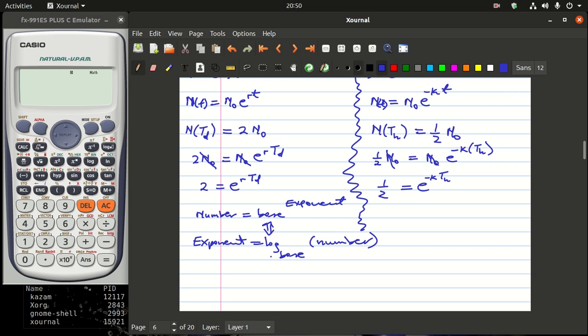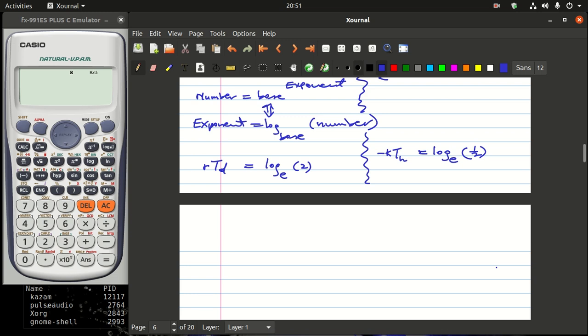Now I want to write it in a logarithmic form. So I'm going to take this exponent down, so I will end up having r times t_d is equal to log, the base is e and the number is 2 there. And then this side here I'm going to have minus k times t_h is equal to log base e of 1/2.